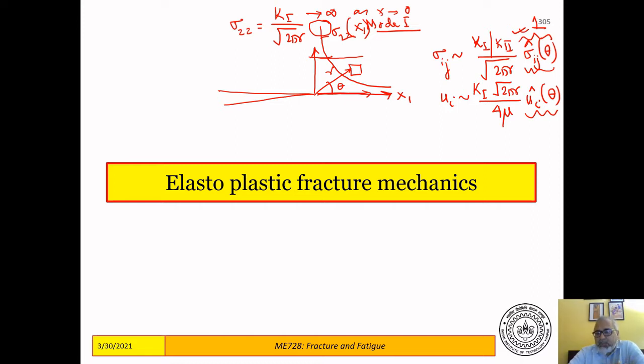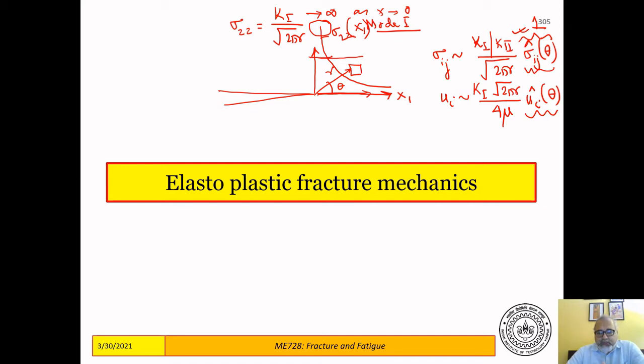That doesn't happen all the time, but in many important cases, linear elastic fracture mechanics still remains valid, though there is always a plastic zone at the crack tip. But first, we will start with simplified estimates of the extent of this plastic zone. How large is this plastic zone ahead of the crack tip?